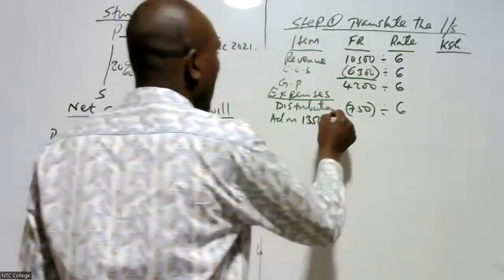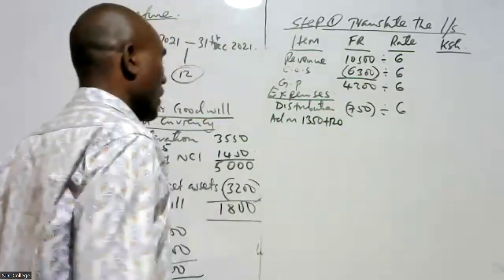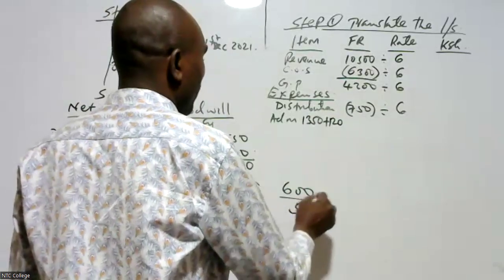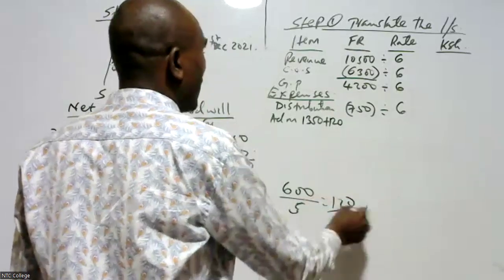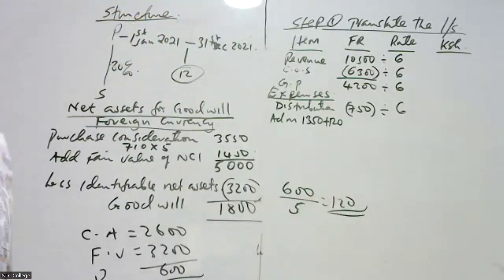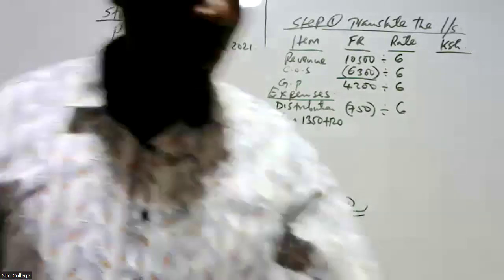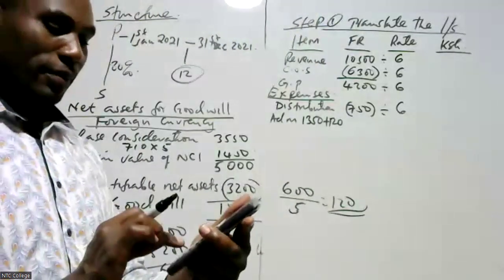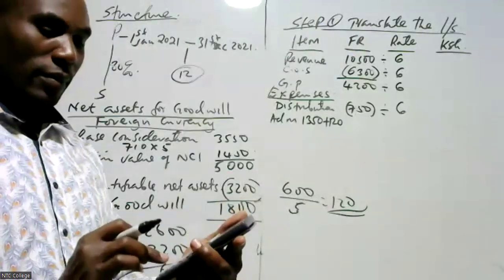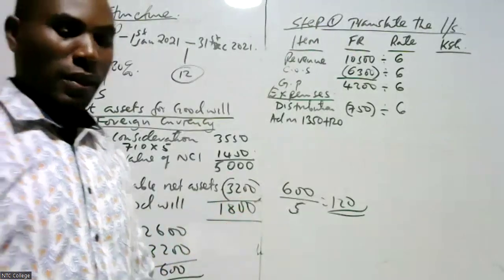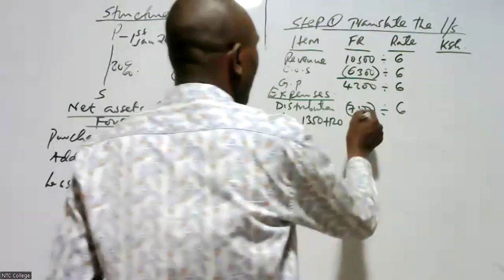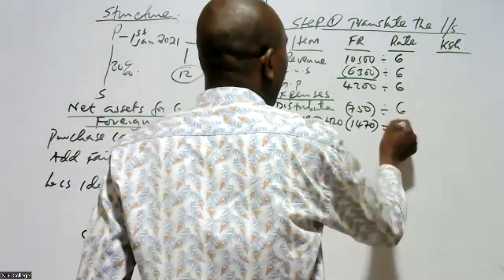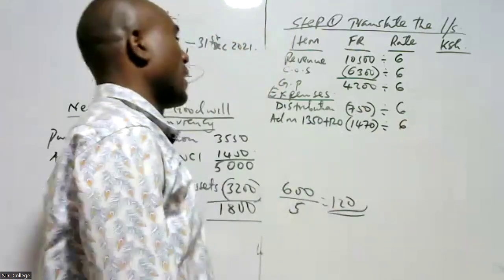We have seen amortization of 120. Amortization is 600 divided by 5, which is 120. I add it to admin expense. Of course, I get 1,470, and I divide by 6 there.